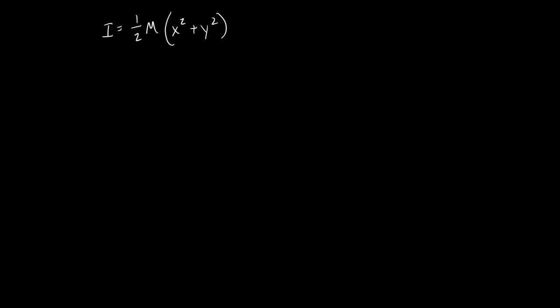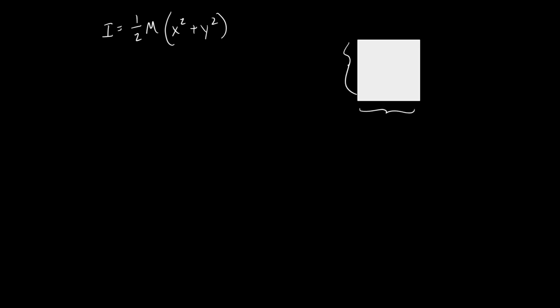If we're dealing with that thing over there, it is 3 centimeters on a side and has a mass of 280 grams. So if that's the square, let's find its moment of inertia about its middle, all right? Again, we're going to have 1/2 times 0.28 times 0.03 squared plus 0.03 squared.